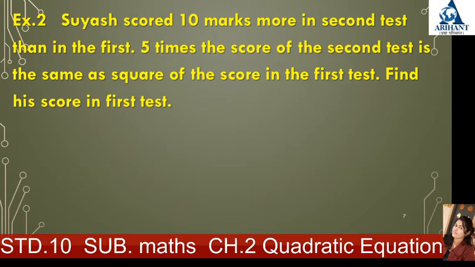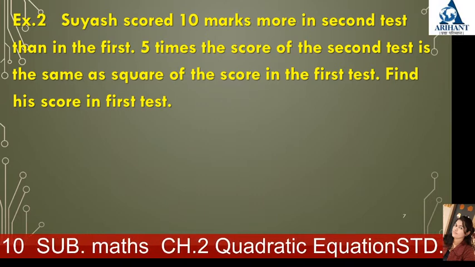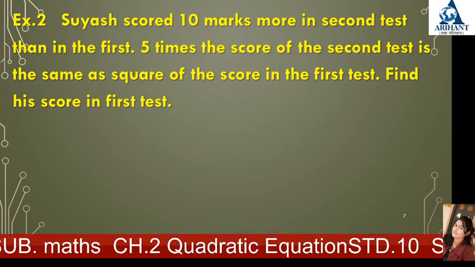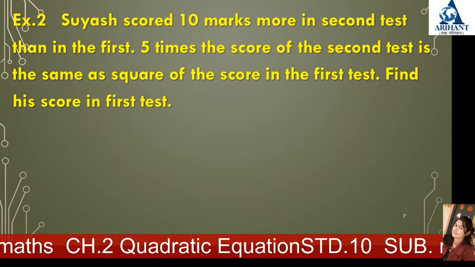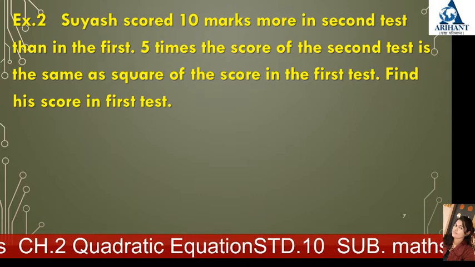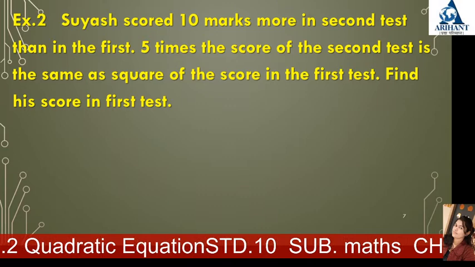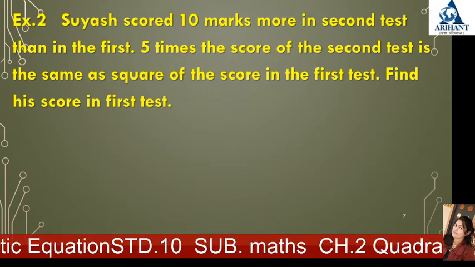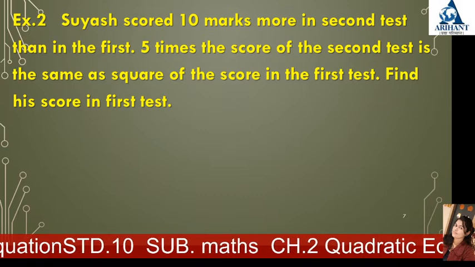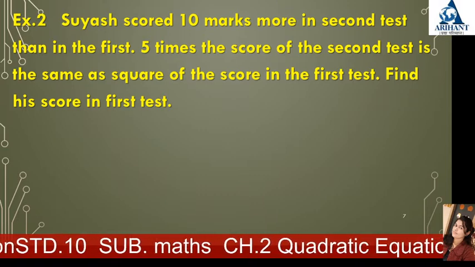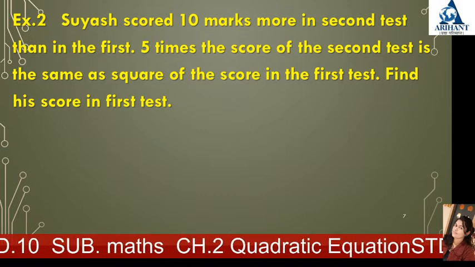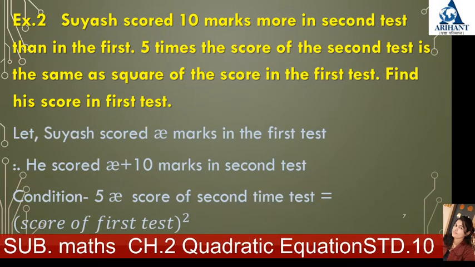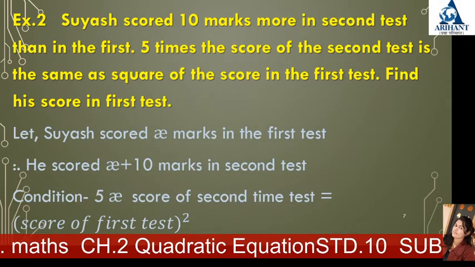So what is given? Suyash scored 10 marks more in the second test, and 5 times the score of the second test is the same as the square of the score in the first test.